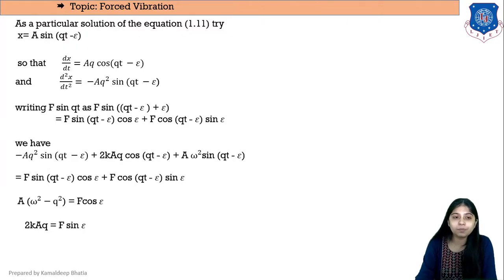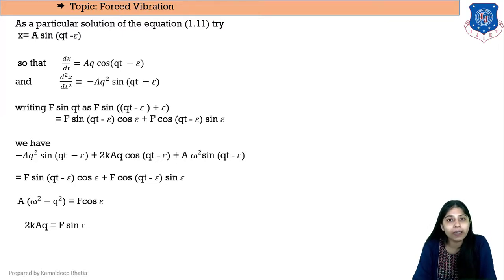Now, as a particular solution of this equation, let us try x = a sin(qt - ε). From this we get dx/dt = aq cos(qt - ε), and d²x/dt² = -aq² sin(qt - ε).